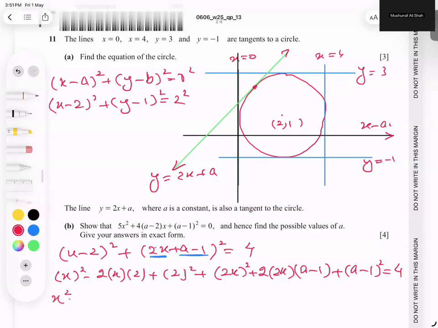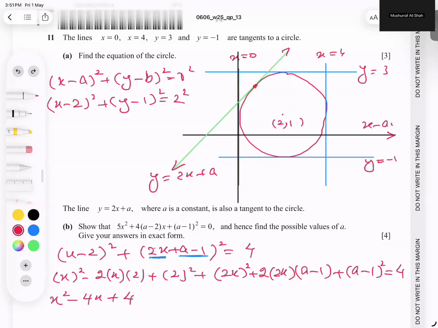Here I got x squared minus 4x plus 4. And here this is 4x squared, and this 4x multiplies inside, so we get 4ax and minus 4x. Here I'm again applying the squaring identity, but no need to expand because he kept it as it is. So I'm leaving this as it is and bringing 4 here.